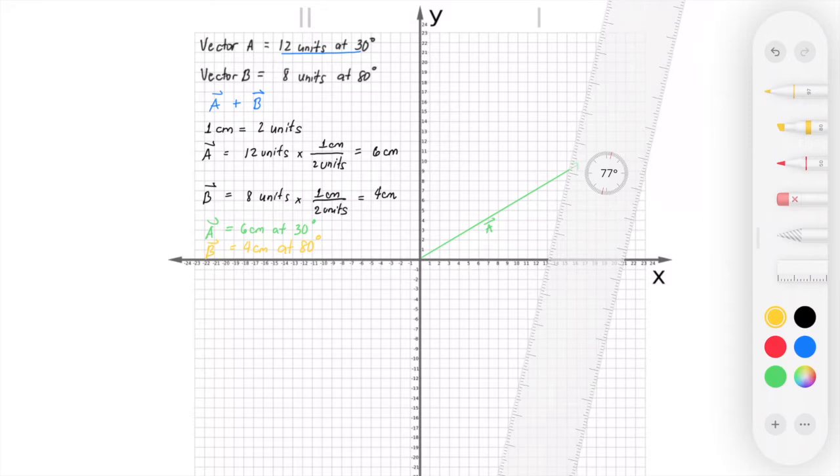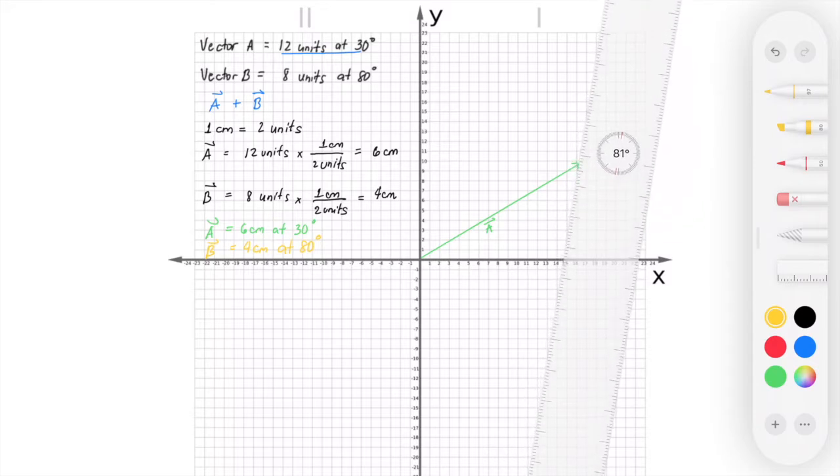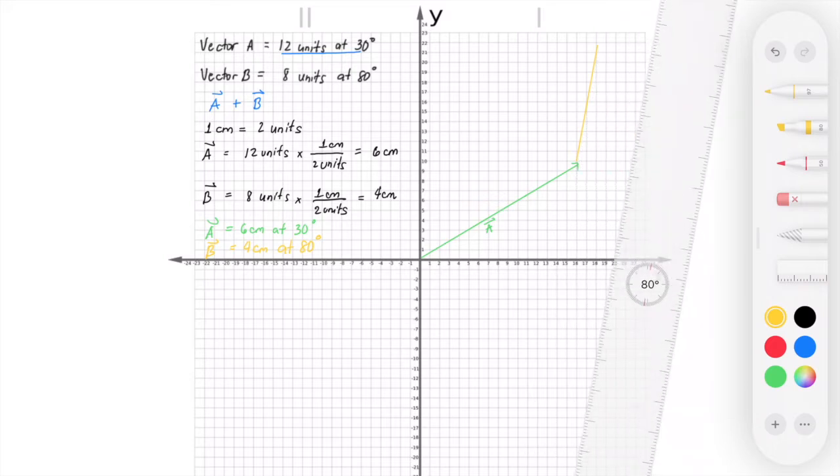So I'll position it at 80 degrees. If you have your protractor, you could have your protractor here. So it's around 80 degrees. So I'm going to have 4 centimeters, 1, 2, 3, and 4. So this one will be my vector B.